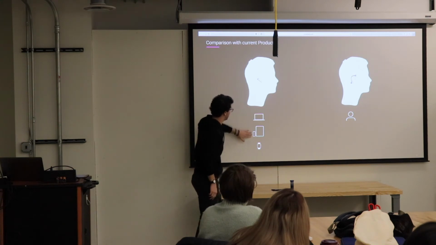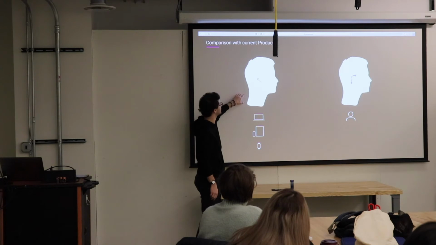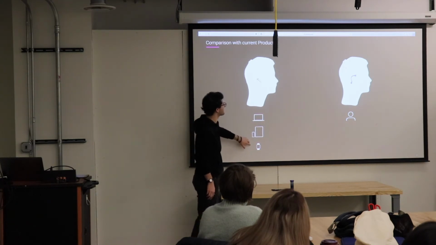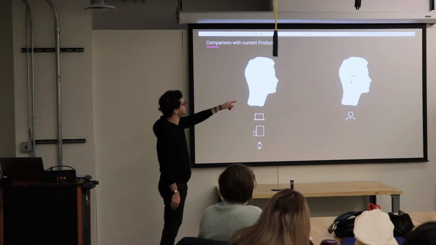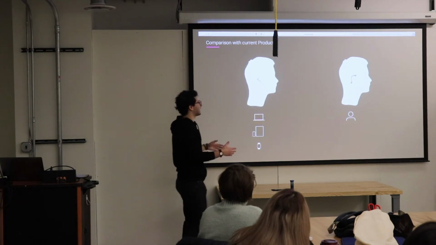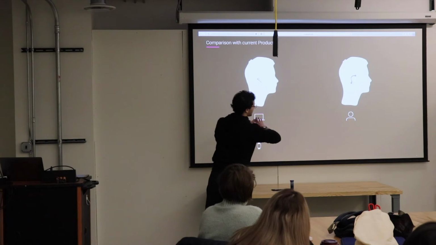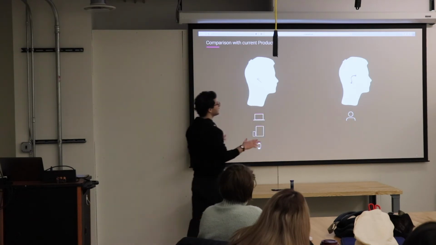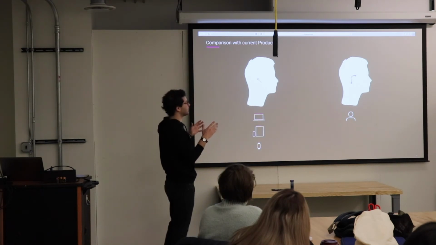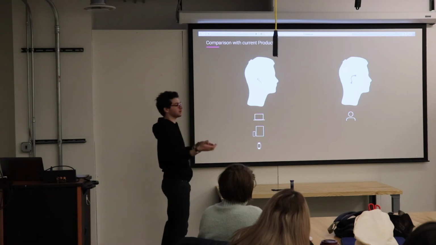This is what we wear now, what we use: a headphone, earbuds, laptop, computer, iPhone, and smartwatch. And that is my device. I had to put something there, but it could be completely black, because the only thing you need to use this device is you.